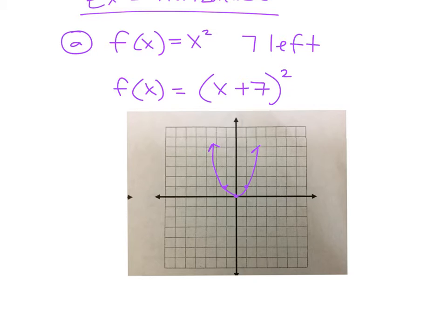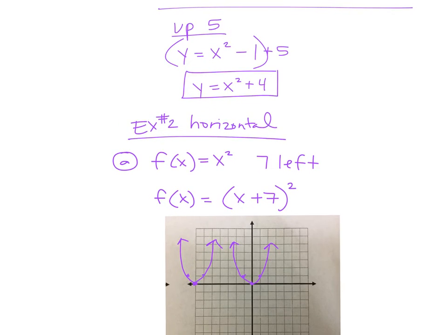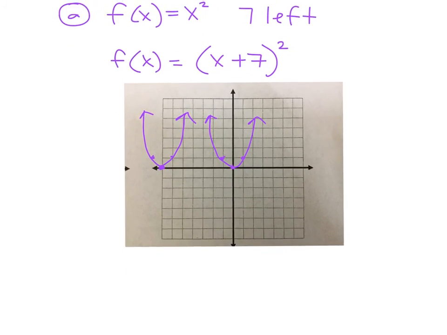I get my U-shaped curve. I'm moving that 7 to the left. 1, 2, 3, 4, 5, 6, 7. Up 1 over 1, up 1 over 1. That's my new graph. I'll go back to it at the end, okay?